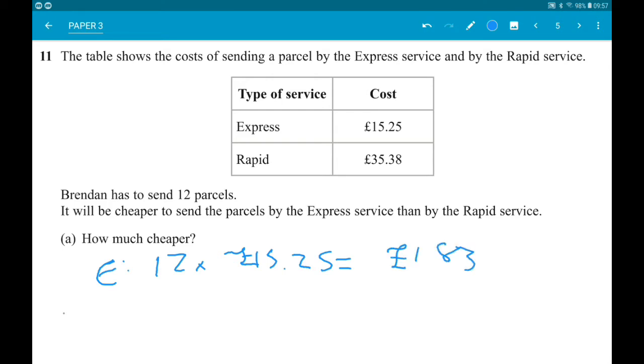And then by the rapid service, it's going to be 12 times 35.38. And that is going to be £424.56.